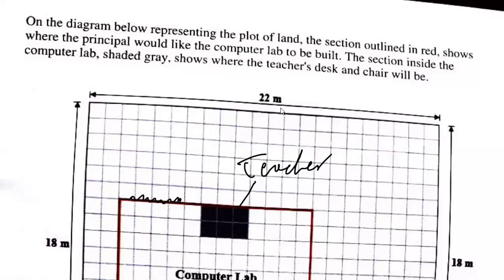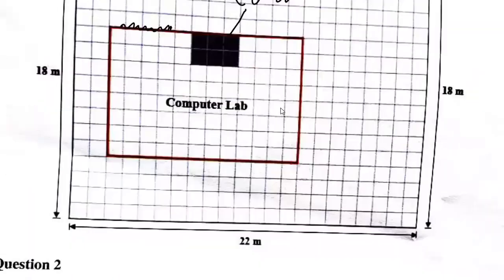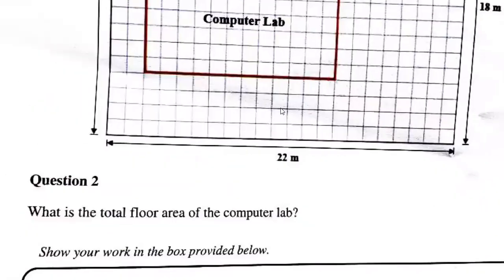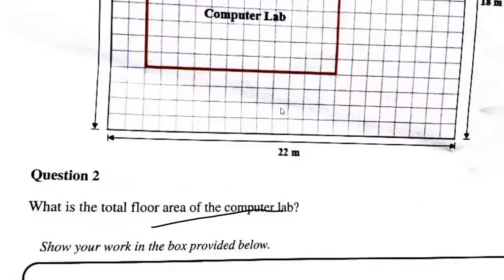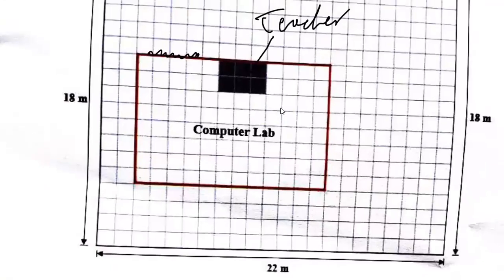Let's go further. It says, what is the total floor area of the computer lab? So they want the total area. We can either count all the squares or we can count the length. So let's do the length. I'm going to do length times width since it says rectangle. So I'm going to be counting the length: 1, 2, 4, 5, 6, 7, 8, 9, 10, 11. So we get a total of 12.